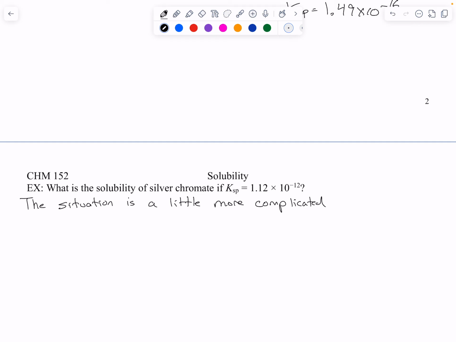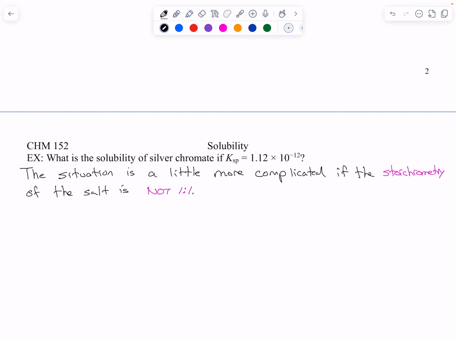All right, the stoichiometry of the salt is not 1-to-1. What does that mean? Well, let's look at this example of silver chromate. All right. So what is the solubility of silver chromate? And it gives you KSP.